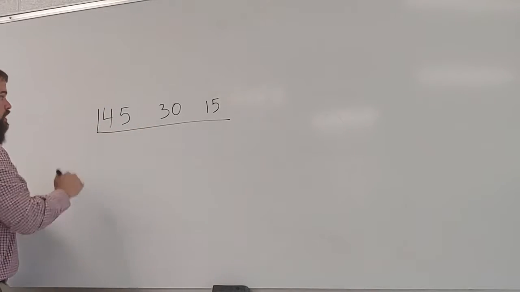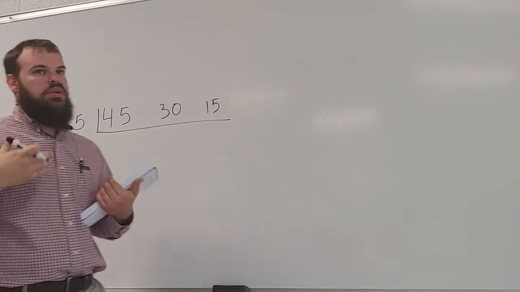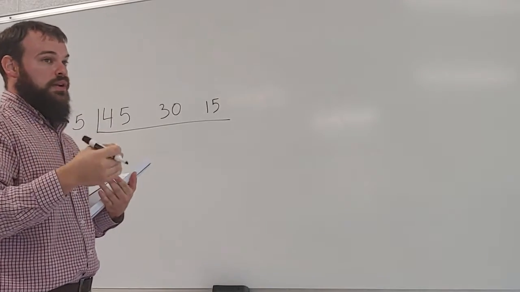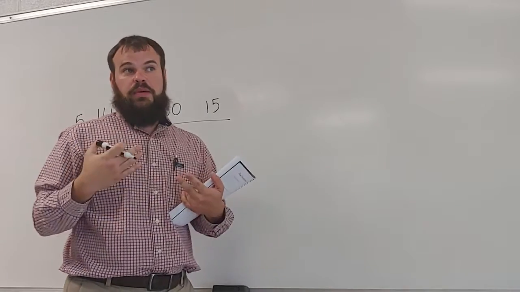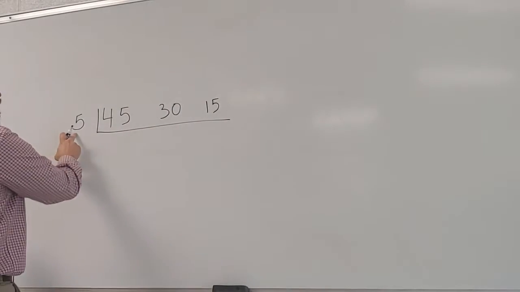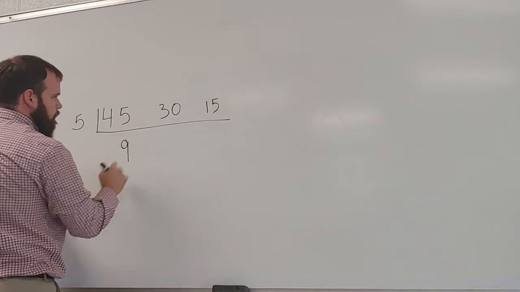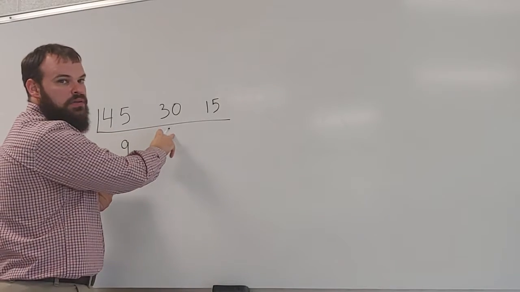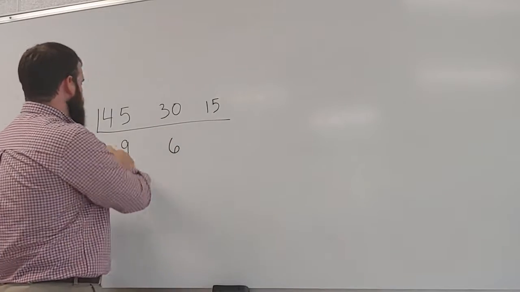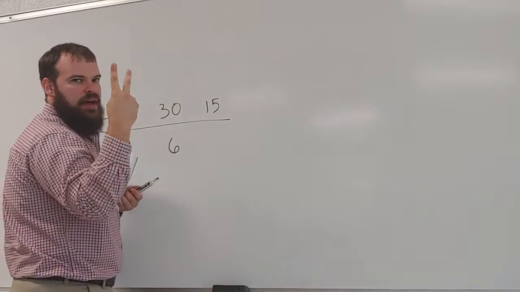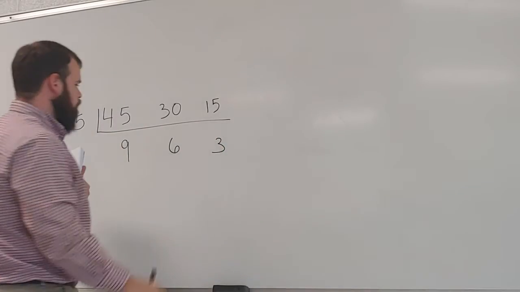So let's see if 5 goes into this. If you don't know, you can use a calculator and you can try to divide numbers into each of these things and make sure it's the same number. So 5 goes into 45 9 times. 5 goes into 30 6 times, and 5 goes into 15, 5, 10, 15, 3 times.